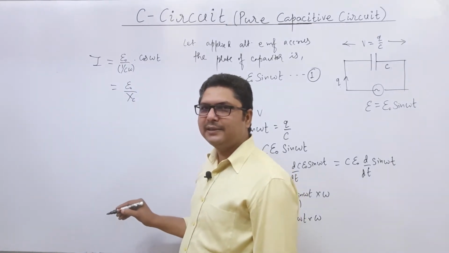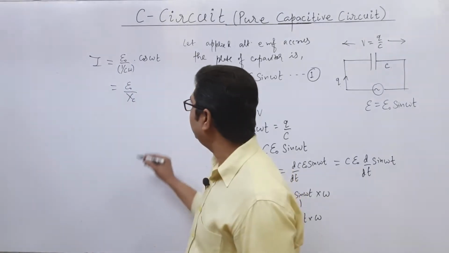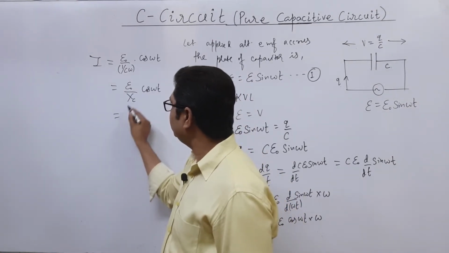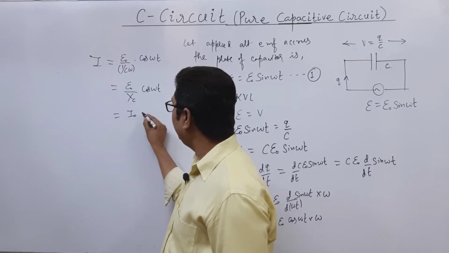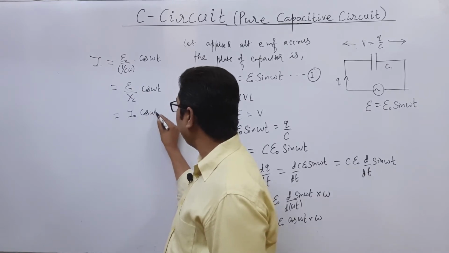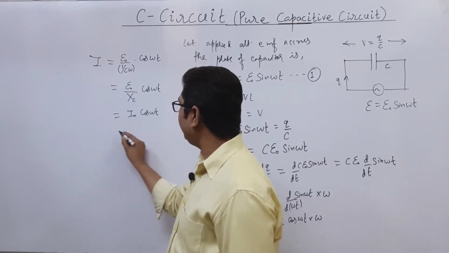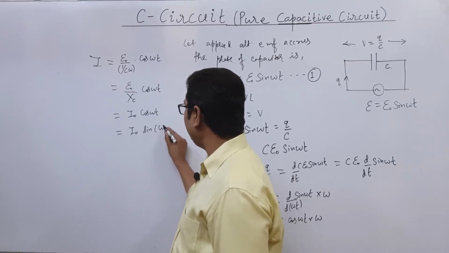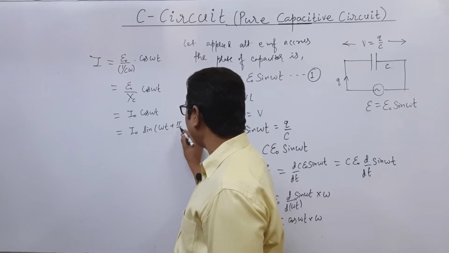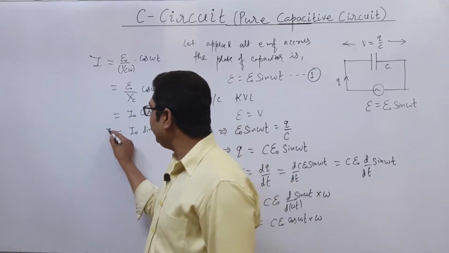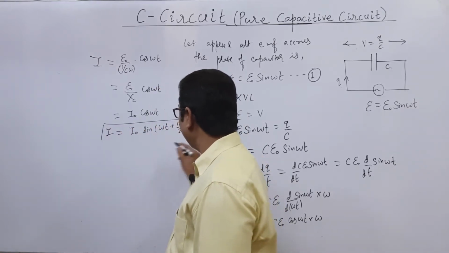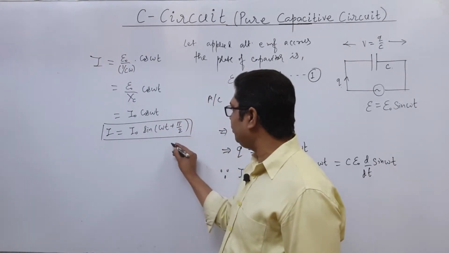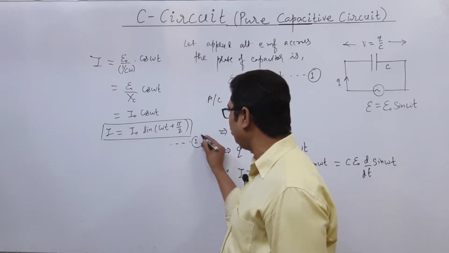XC is known as capacitive reactance, and here we have cos omega t. So this becomes I naught cos omega t, which can further be written as I naught sin omega t plus pi by 2. So I equals I naught sin omega t plus pi by 2. This is equation number 2.